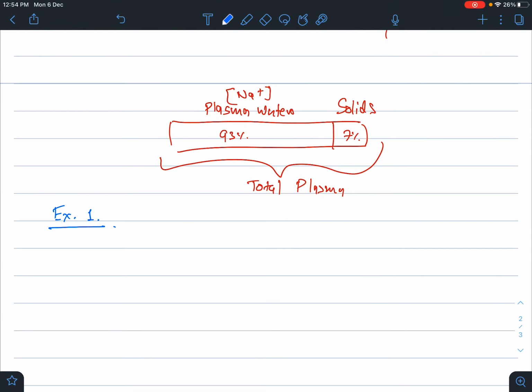A patient has this normal ratio, 93% versus 7%, and we know that sodium concentration is 150 millimole per liter. To make the calculation easier, let's say this 93% part is 1 liter.